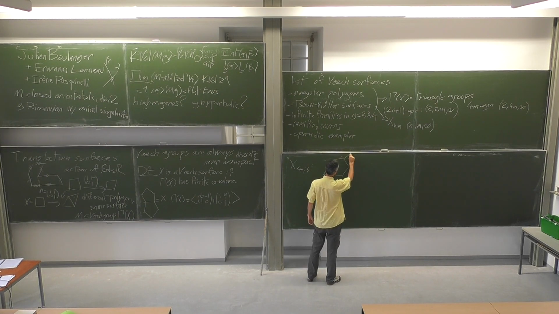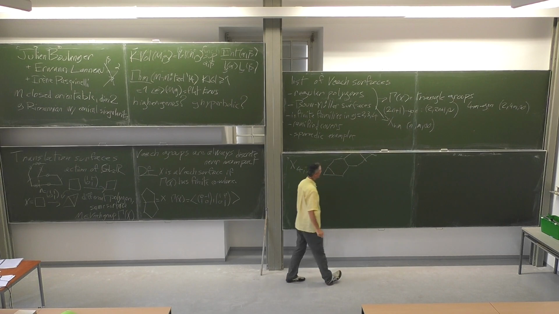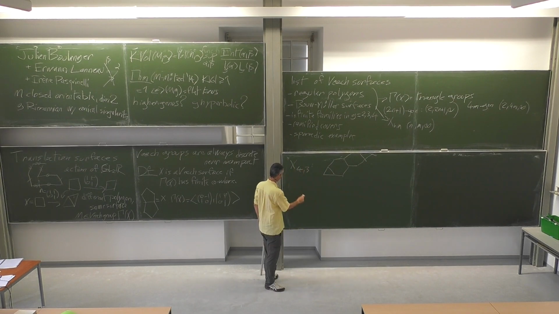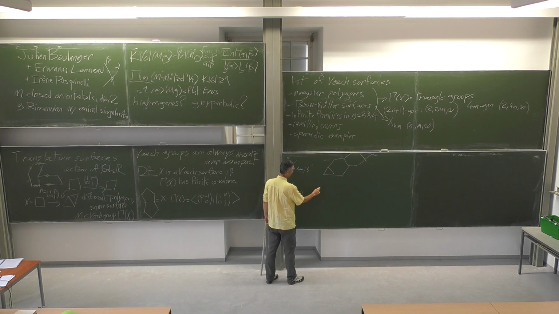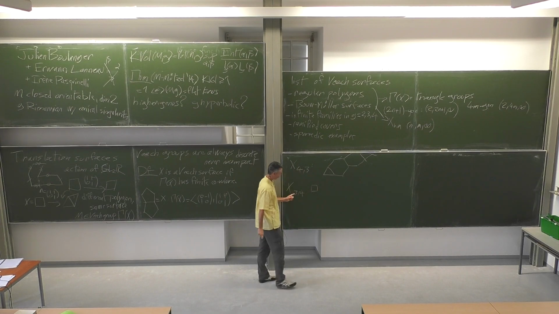And now I'm running out of space. And this one looks like this. So this one has 3 polygons, 2 of which are squares, and 1 of which is a regular octagon.